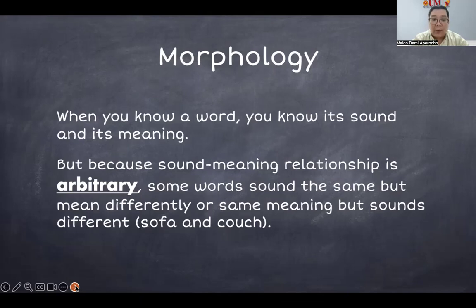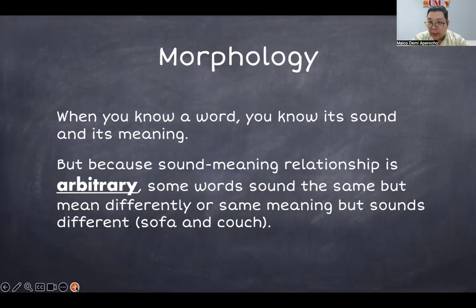But either way, our understanding is that it's a piece of furniture that can be used, for example, in a living room inside a house. So basically, some words may be similar in spelling but different in pronunciation, or some words may be different in spelling or word choice or vocabulary, but they actually mean the same.